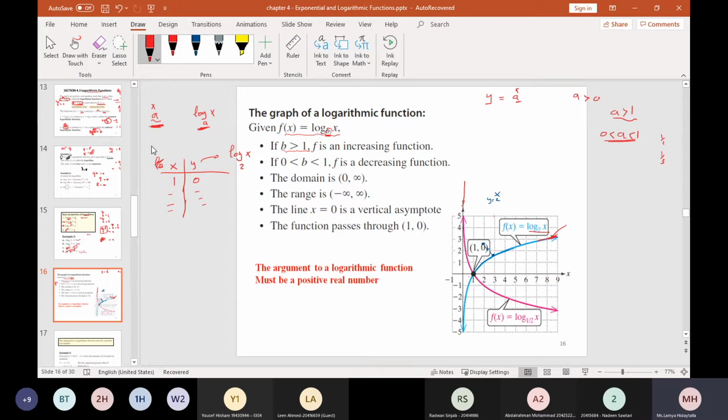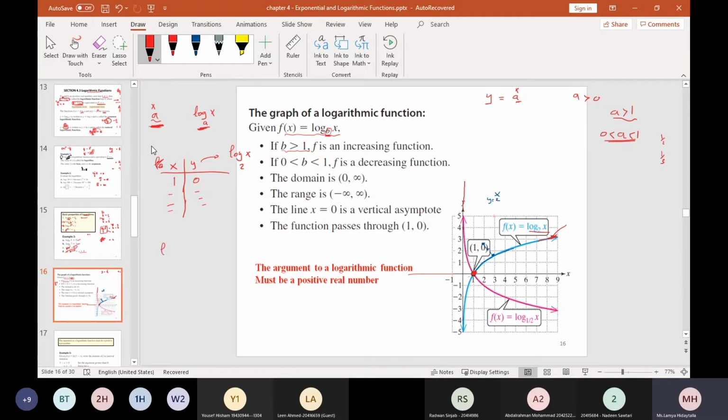Okay, let's take that function and try to see its behavior. It passes through the point (1, 0), and every logarithmic function should pass through this point. Why?